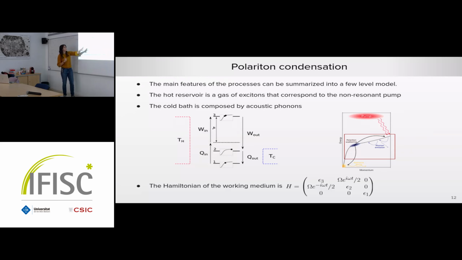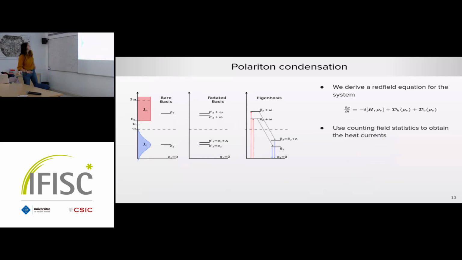The other thing is, because we are adding a new particle to the system, there is also a chemical potential associated with this hot reservoir, which is a thermal reservoir of excitons. And so this energy is split between work and heat. Okay, so we had the model, we calculate the steady state, we can derive the master equation for it, which is a Redfield equation.